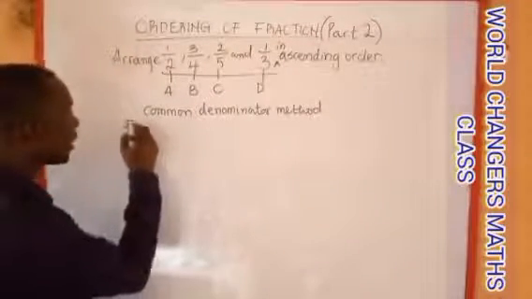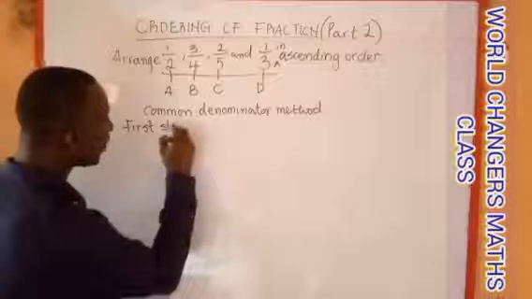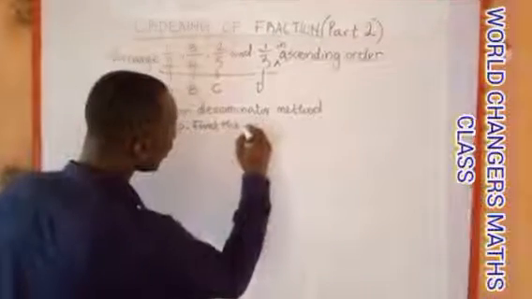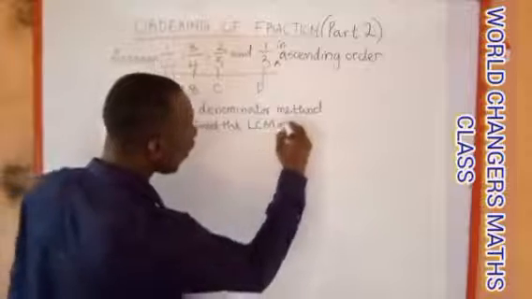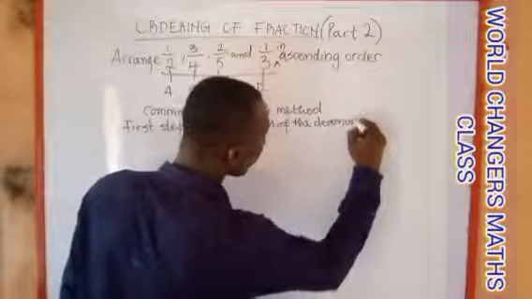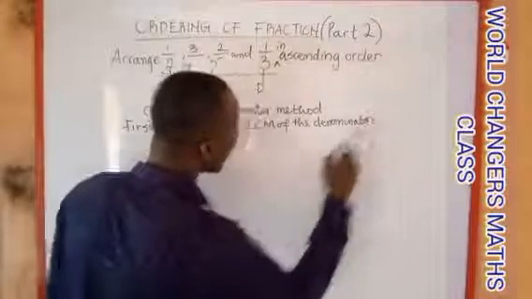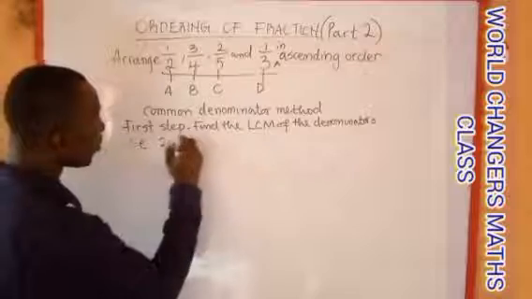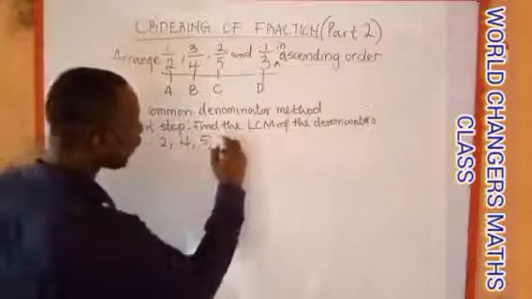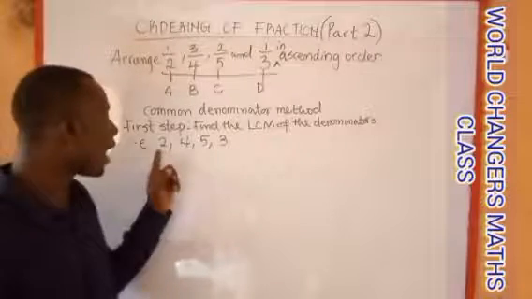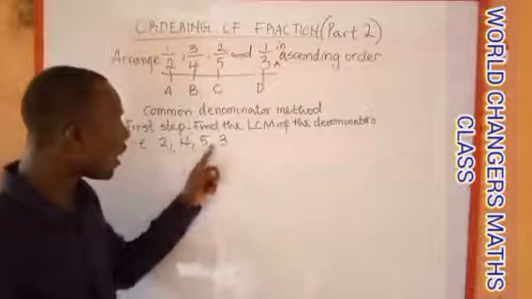Now, the first step here is to find the LCM of the denominators, i.e. 2, 4, 5, and 3. So I'm going to be finding the LCM of 2, 4, 5, and 3.